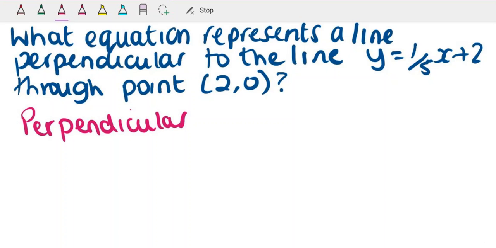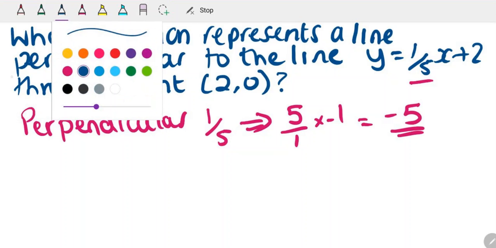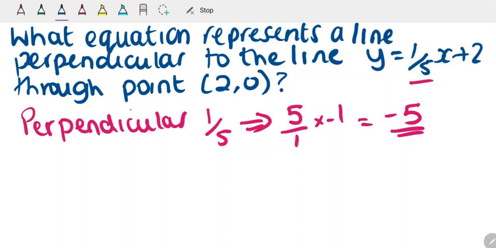So the slope of this is a fifth. So for the perpendicular slope, we're going to look at the reciprocal, and then multiply it by -1. So we're going to have -5.